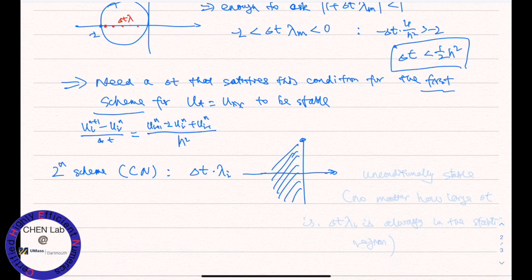But we know that lambda I is negative, so it's always in the left half of the plane. That's why it's called unconditionally stable.